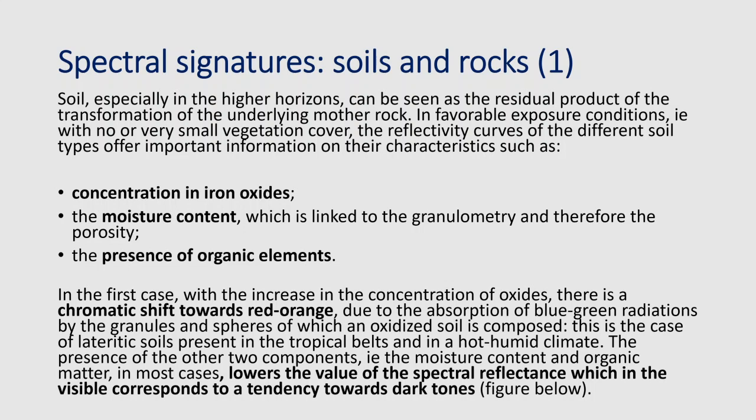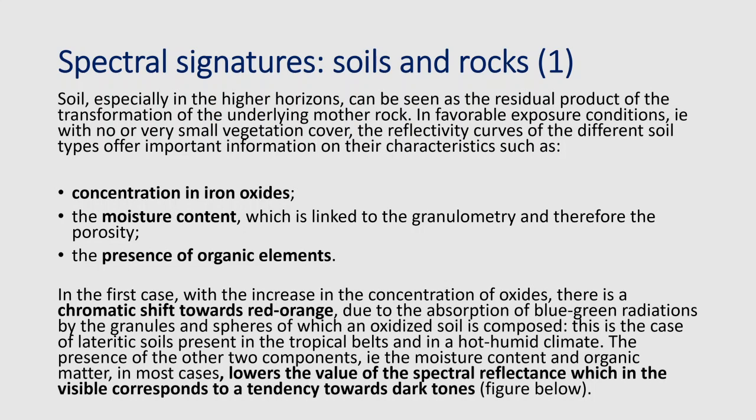In the first case, that is the concentration of iron oxides, with the increase of the concentration of oxides, there is a chromatic shift towards red-orange due to the absorption of blue and green radiation by the granules and spheres of which an oxidized soil is composed. This is the case of lateritic soils present in the tropical bands and in a hot, humid climate.